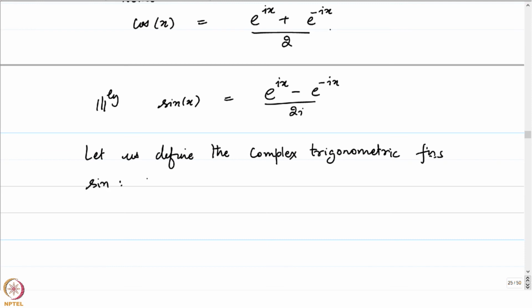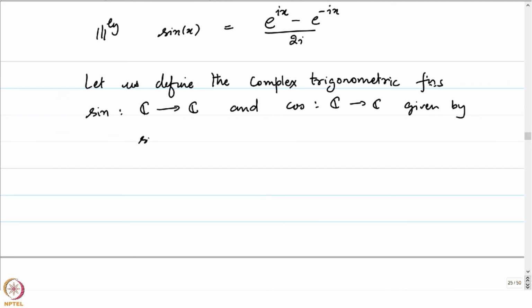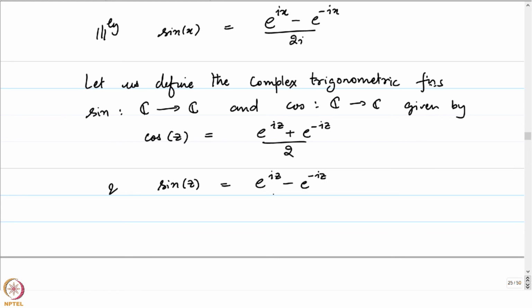Sine from C to itself and cos from C to itself given by, let me start with cos of z. Cos of z is equal to e to the power iz plus e to the power minus iz, divided by 2. And sine of z is defined as e to the power iz minus e to the power minus iz, divided by 2i.